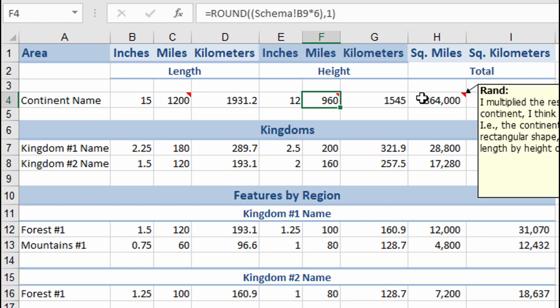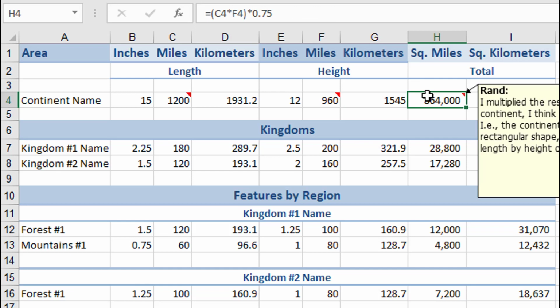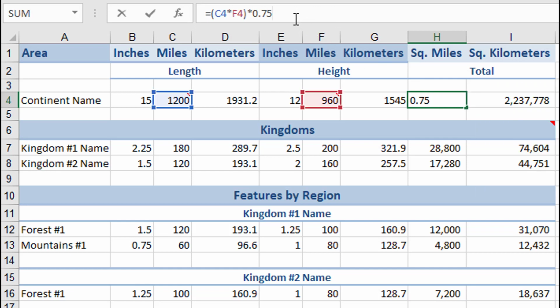But this got me the square miles of my entire continent. Again, I probably did this issue of imagining that continent inside a square and then calculating how much I thought might be missing from that. Let's see, did I do anything? Yeah, in this case, the imaginary example, I decided that a quarter of that was technically missing.